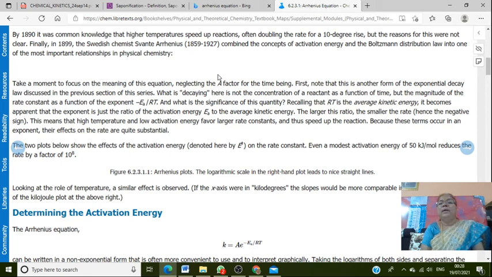Okay, and the reason for this was not clear, and in 1899 the Swedish chemist Arrhenius combined the concept of activation energy and the Boltzmann distribution law into one of the most important relationships in physical chemistry, the Arrhenius equation.